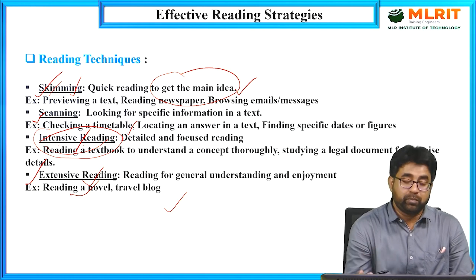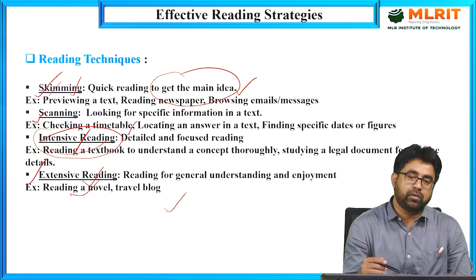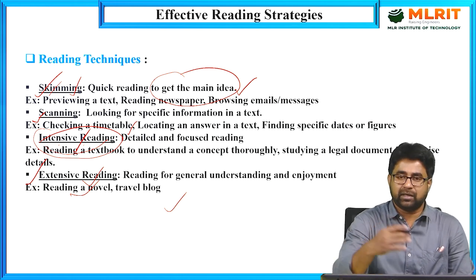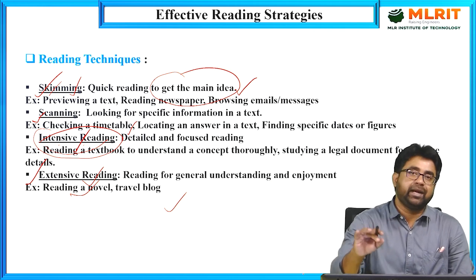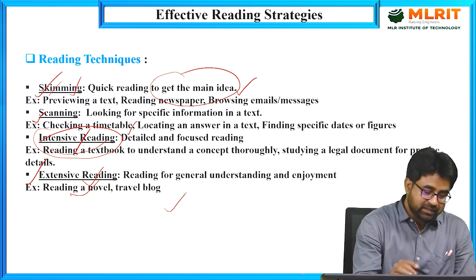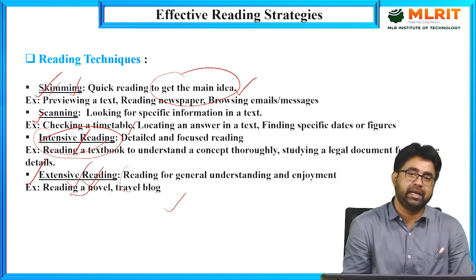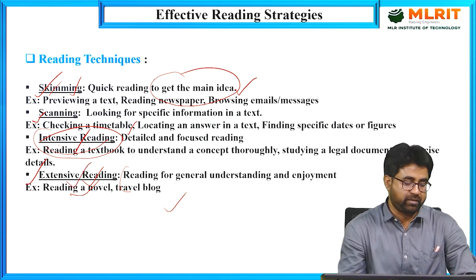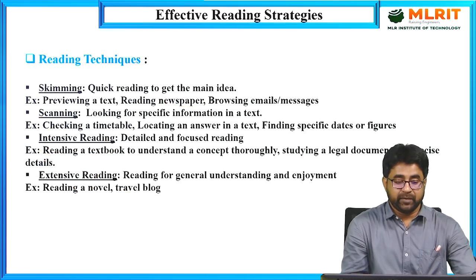Do we look up the meaning of that word each and every time we encounter a new word? No, right? We just move ahead because we anyway get the overall meaning. That kind of reading is called extensive reading, and it is normally used for pleasure, when we are reading just for entertainment, not for the serious purpose of understanding anything.